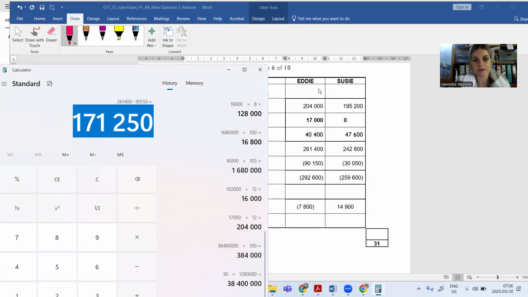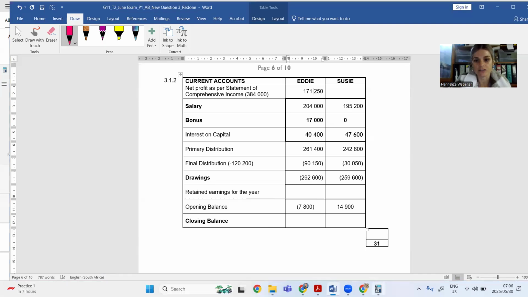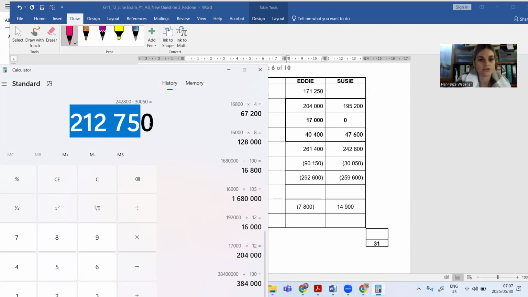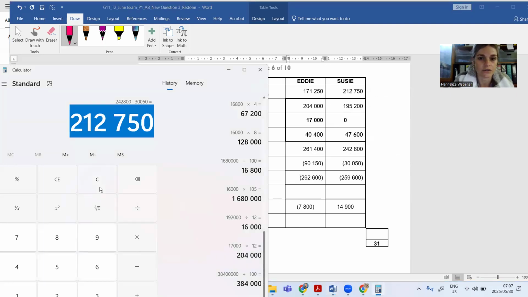So that is his total earnings for the year. And then Susie with her primary minus her final loss that we distributed to get to her total earnings for the year.